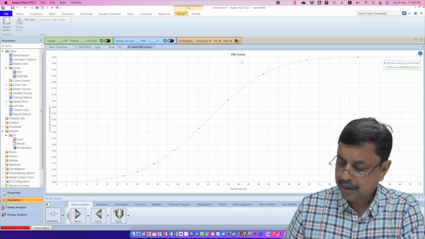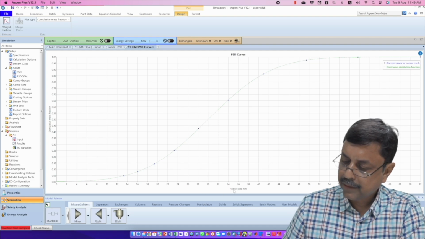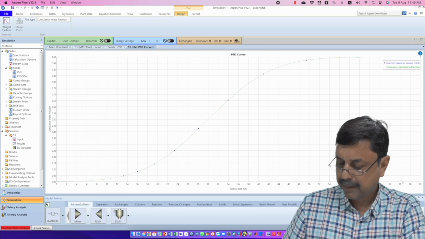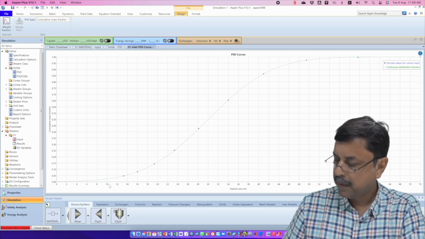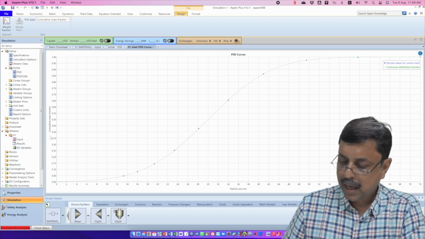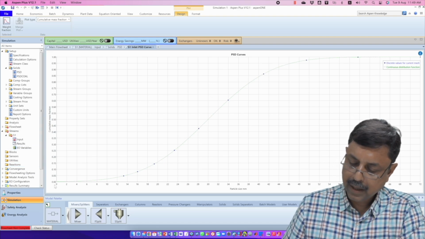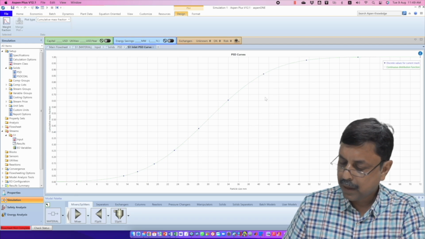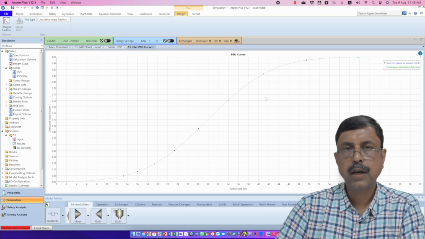This particular particle size distribution curve is produced, where the particle size is from 11 to 72 and the cumulative mass fraction is from 0 to 1. It has been shown like this.